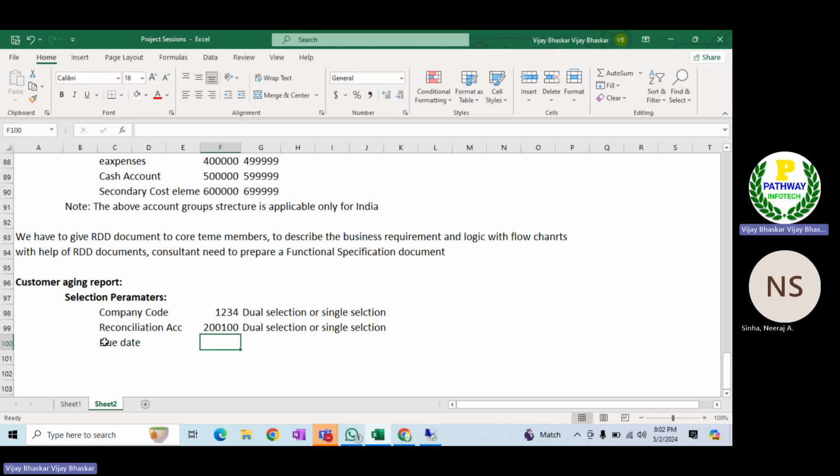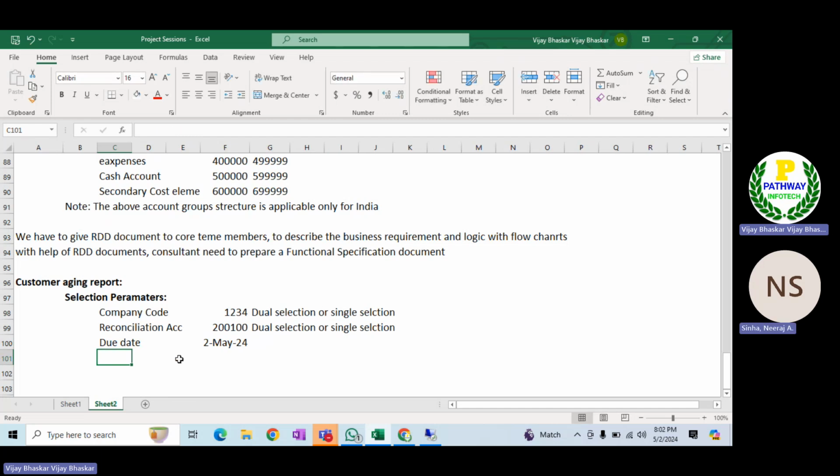So what would be the due date? Due date is the current date, let's say 02 May 2024. Up to this date, what are the open items which are pending from the customer?